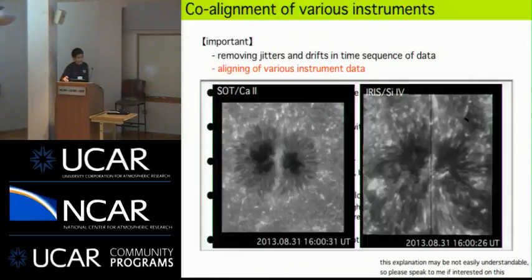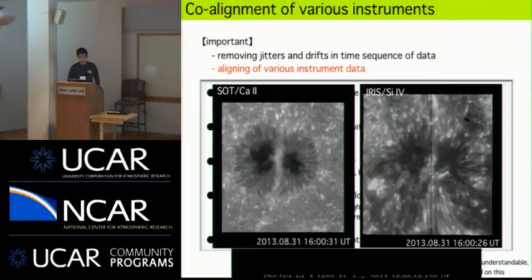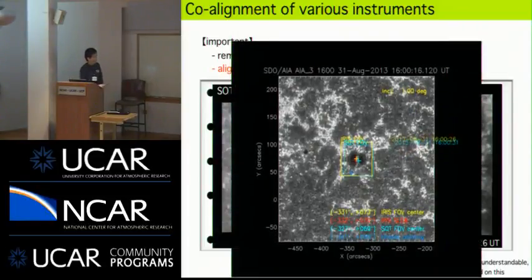But these bright points on the calcium and silicon slit-jaw images are very active, so active that co-alignment often fails. So in such a case, it's better to use AIA 1600 images to align.